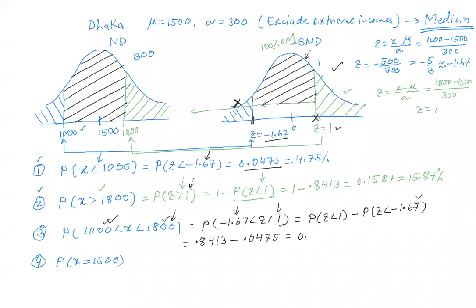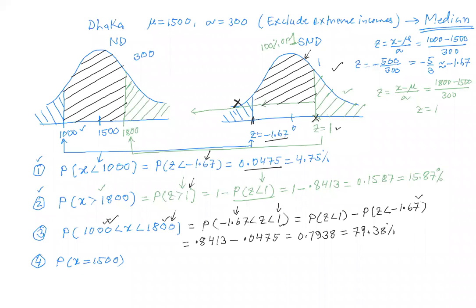So 0.7938, or a 79.38% chance that someone will make between 1,000 and 1,800.